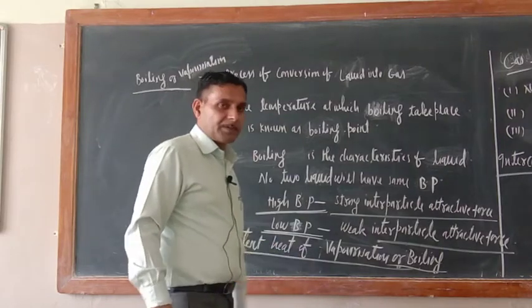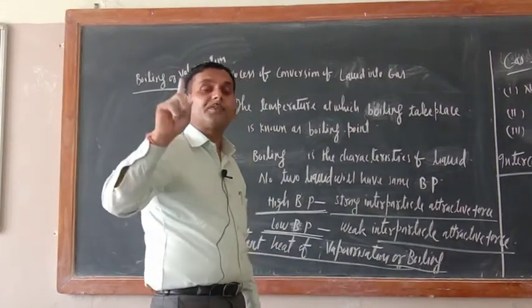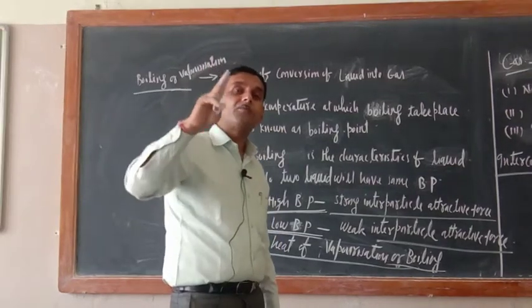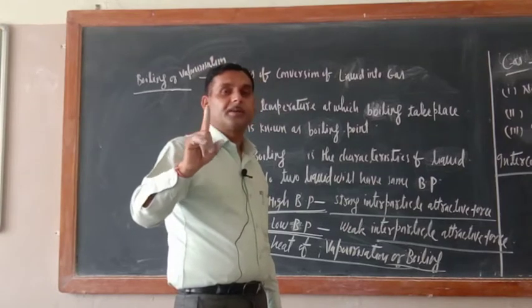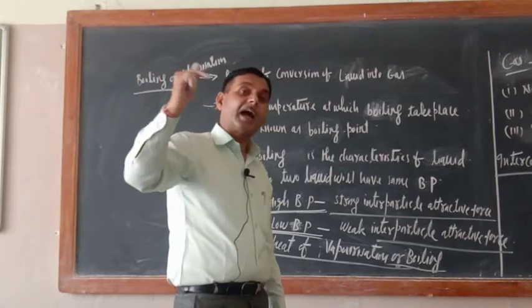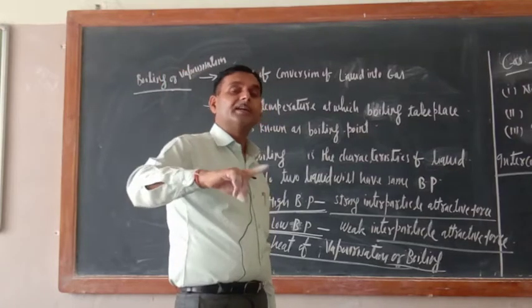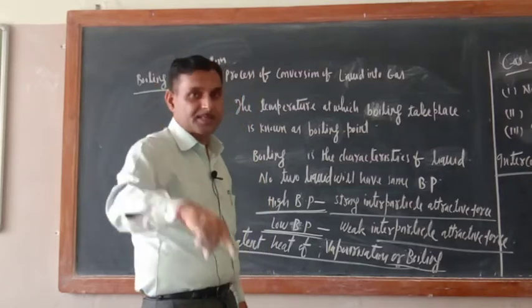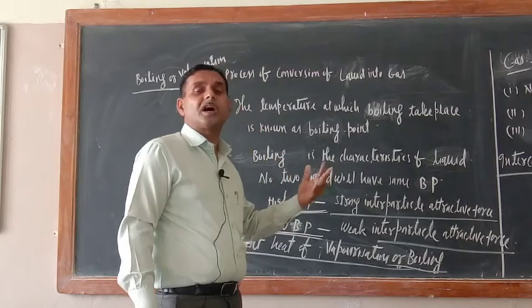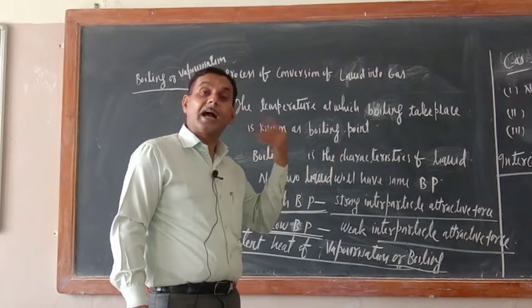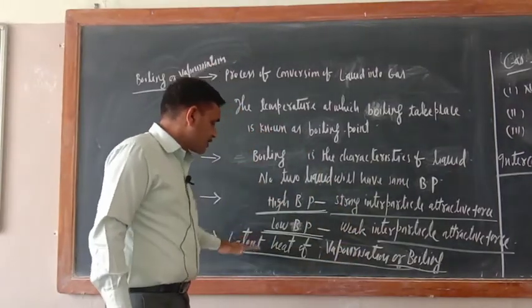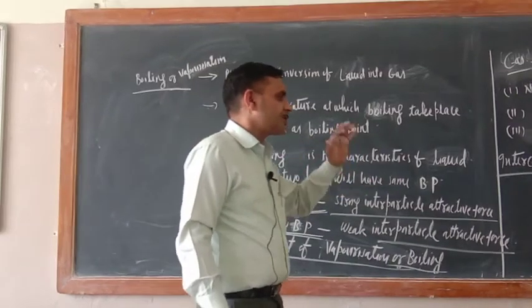Latent heat of vaporization is the amount of heat energy required for 1 kg of liquid to convert into vapor or gas state at their boiling point and at 1 atmospheric pressure.